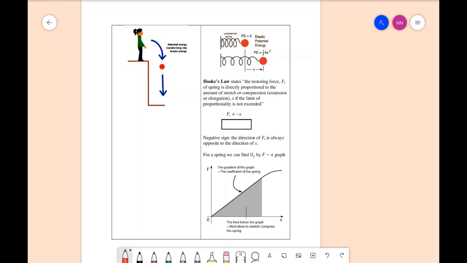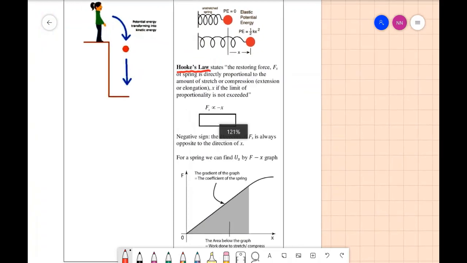Whenever we discuss elastic potential energy, we can relate it with Hooke's law. Okay, what is Hooke's law?